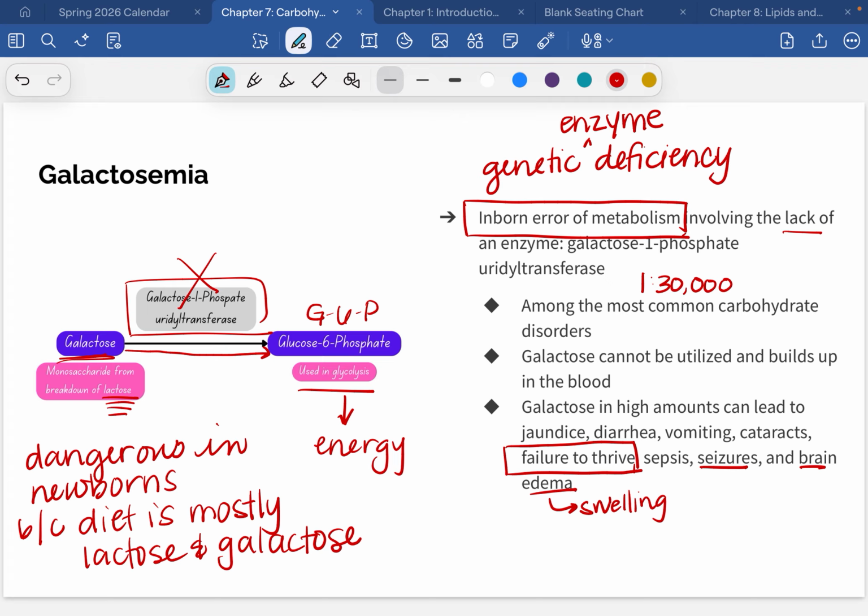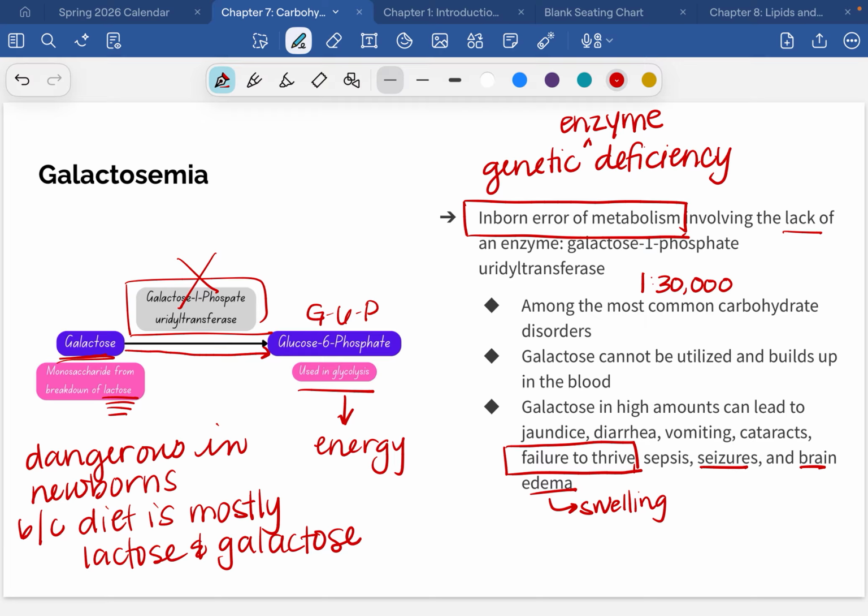Galactosemia can't really be treated, but you can feed newborns a special formula that does not have lactose and galactose in it. They use other types of sugars. So this disorder, if it is caught, can be managed relatively easily. That's why those heel sticks are really important.